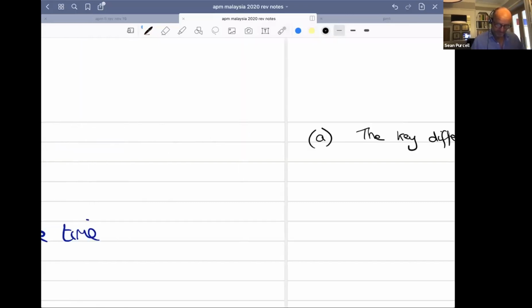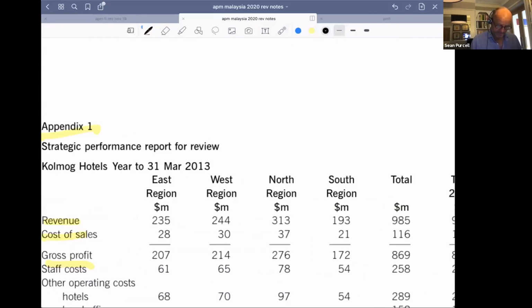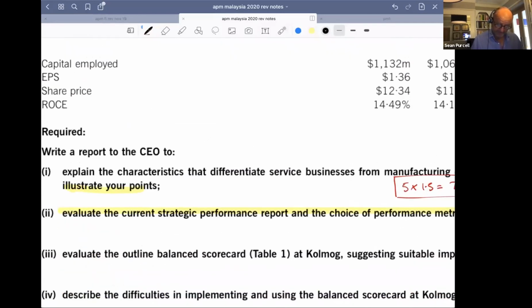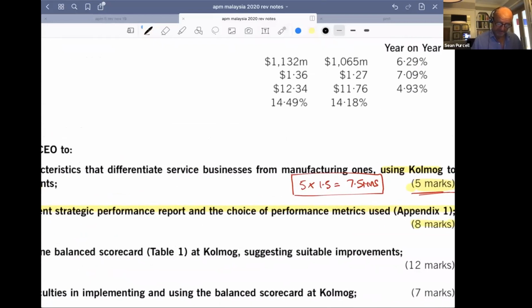Let me just read the question one more time. The characteristics that differentiate a service business from a manufacturing one.